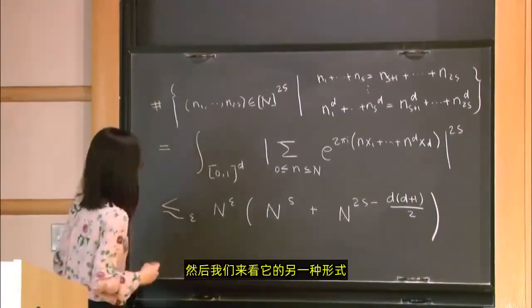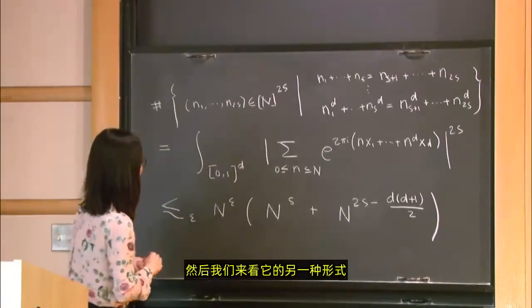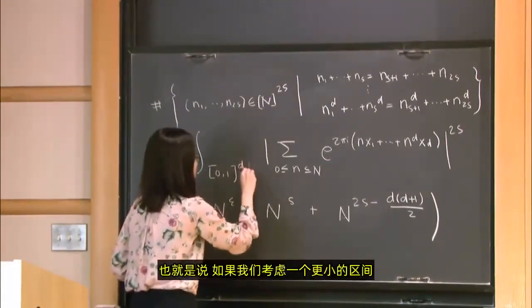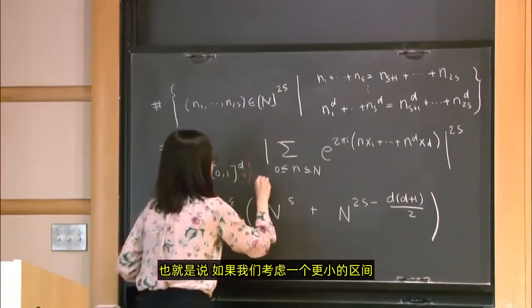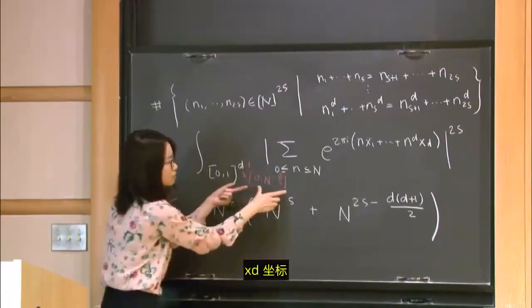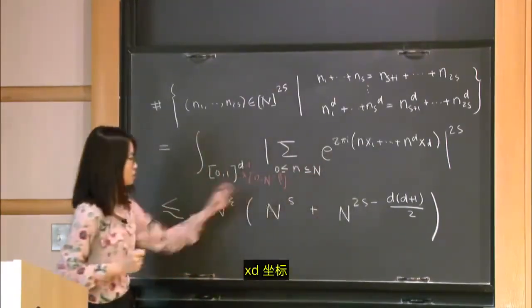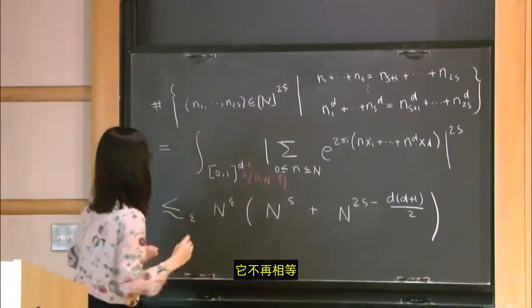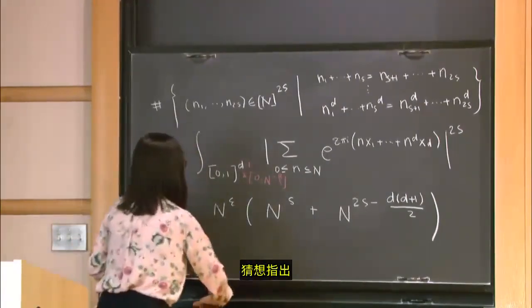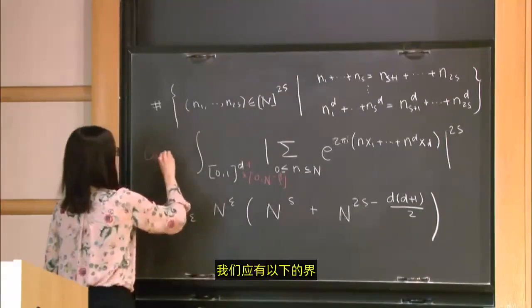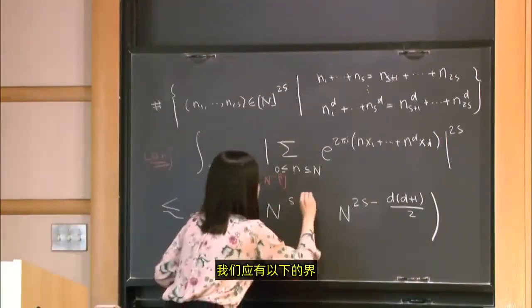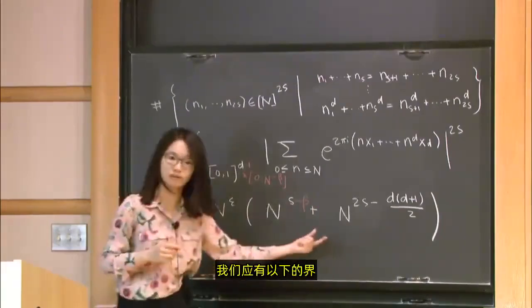And then we look at a different version of it, saying that if we look at a smaller interval on the x_d coordinate, then this is no longer an equality. The conjecture says that we should have the following bound.